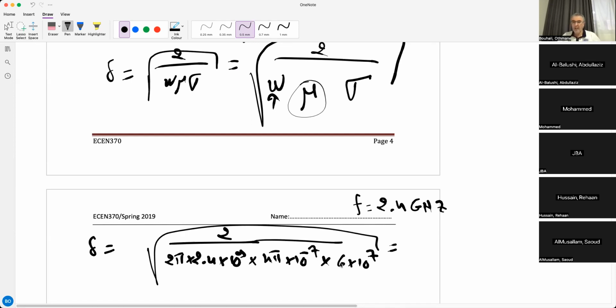Okay, so what I find here, maybe you can check, is 1.33 micrometers.